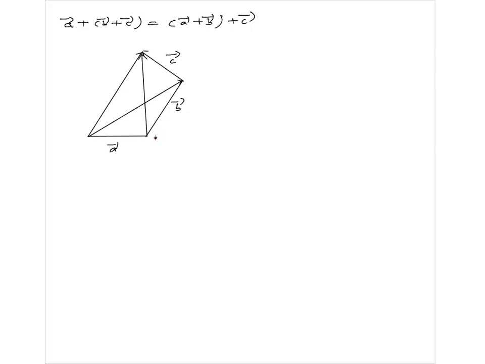Then, from the triangle law, this will be A plus B, and from the triangle law, this will be A plus B plus C. A plus B first, we have added already, and then C.